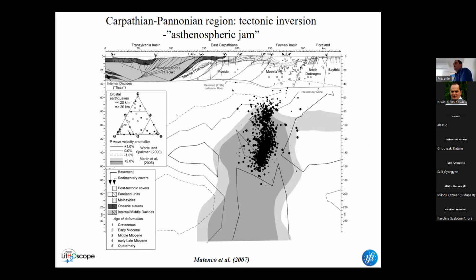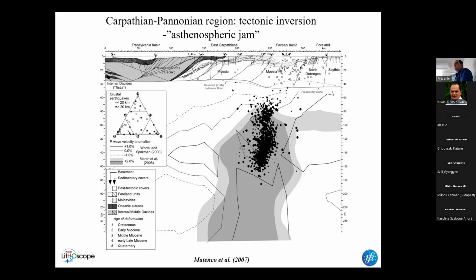You have the suture in the Sava, more or less we agree on that, and the present-day underthrusting slab is beneath the Adriatic coast. There are 200 kilometers of shift between the two. So if you want an example, this is one thing already. You asked us if we can give you an example.